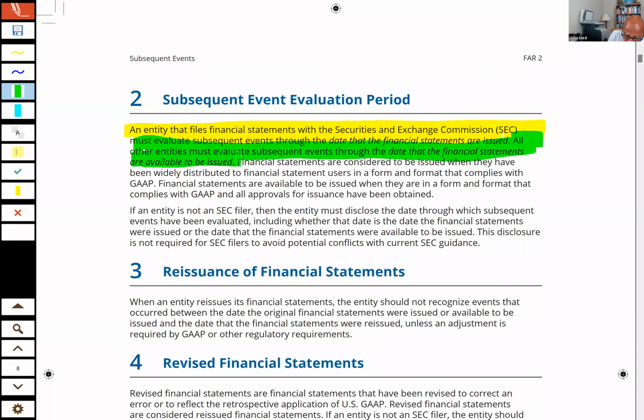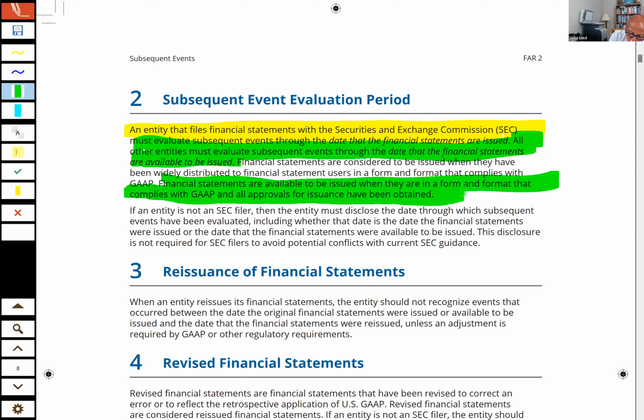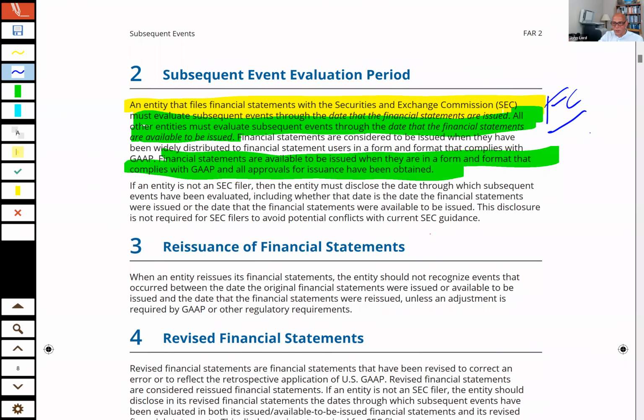And then they tell us that financial statements are available to be issued when they're in the format that complies with GAAP and all proper approvals have been obtained. I don't know what to tell you, this flashcard, I get annoyed. This is why I'm sorry I became an accountant when I see stuff like this, but let's go ahead and flashcard that. It's just a rule.